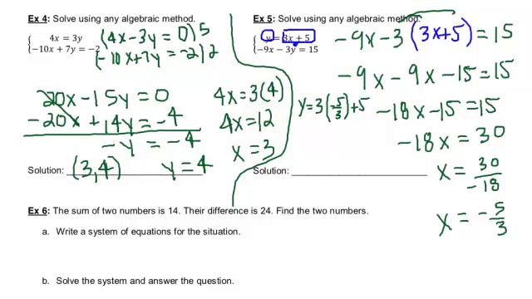Now notice the 3's are going to cancel out, and we just have negative 5 plus 5, which we know is equal to 0. So our y value is 0. So our solution then, our x value is negative 5 thirds. Our y value is 0. So our solution, or where the lines intersect, is (negative 5 thirds, 0).